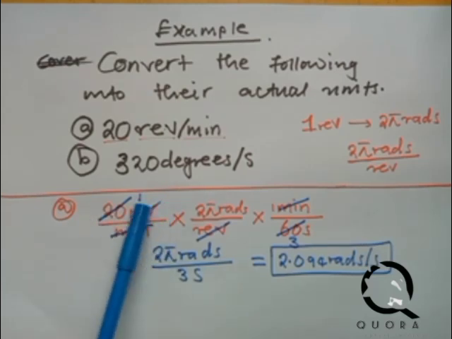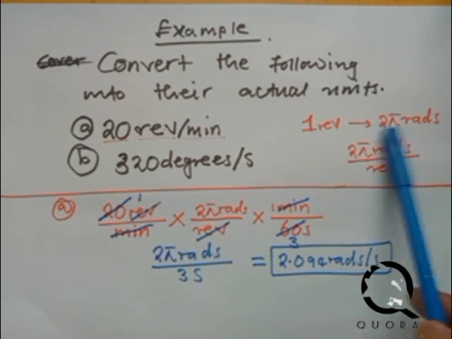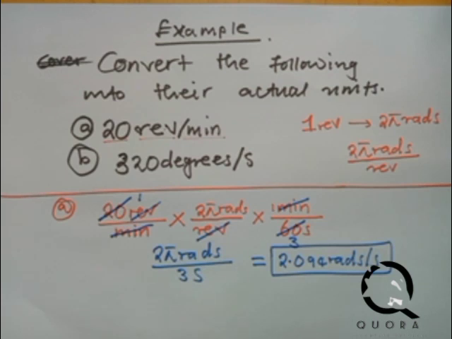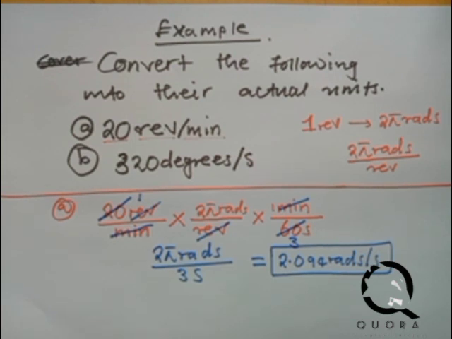To get rid of the revolutions, one revolution is making us to have what? 2 pi rads, meaning that radians are supposed to be on top, and down you put revolutions. To get rid of these minutes, you put a minute on top. 1 minute is equivalent to 60 seconds.